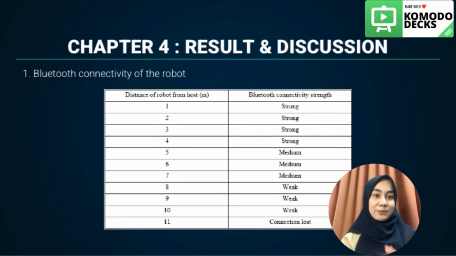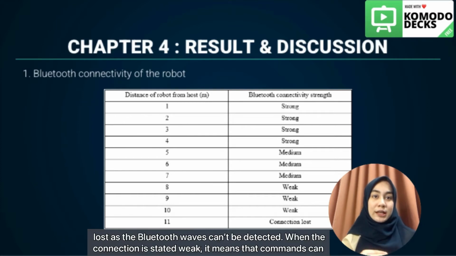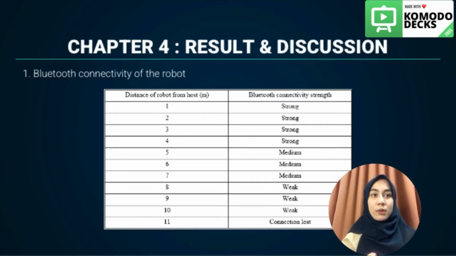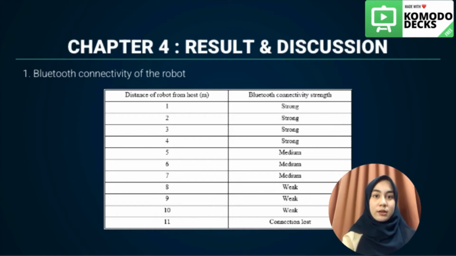The table explains that up to 10 meters, the Bluetooth can still be connected, but after 10 meters, the connection is lost as the Bluetooth wave can no longer be detected. When the connection is weak, commands can still be sent and received, but the process may take a bit longer.